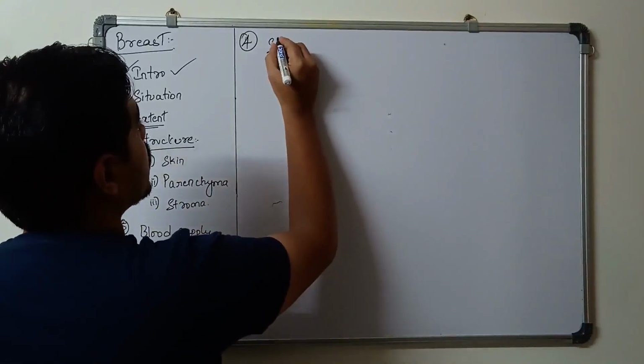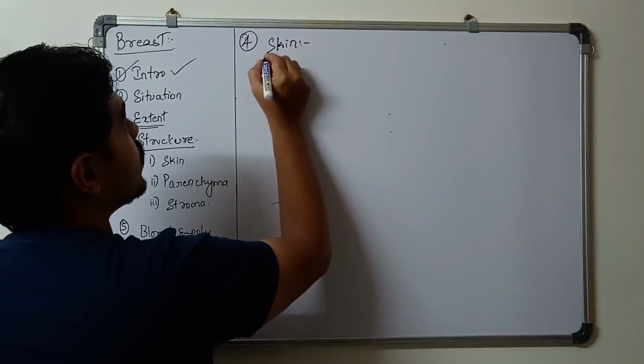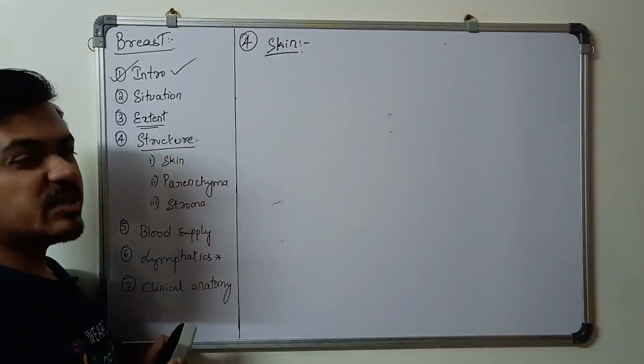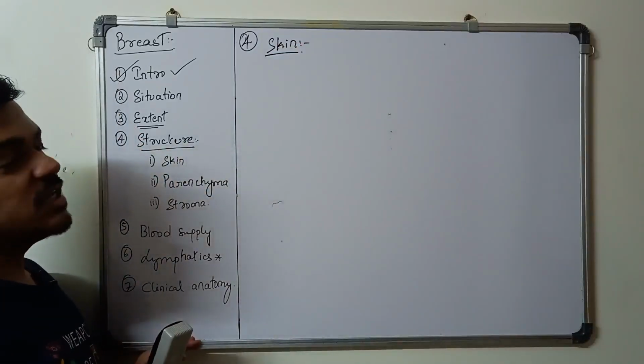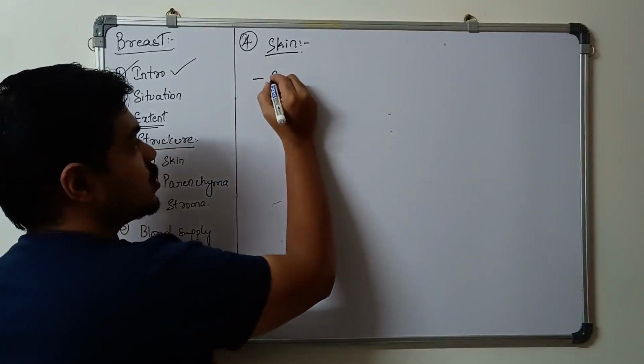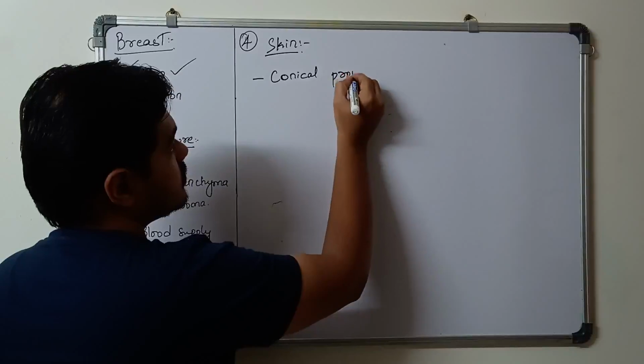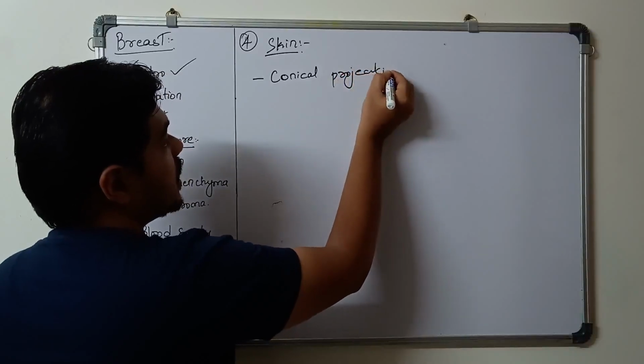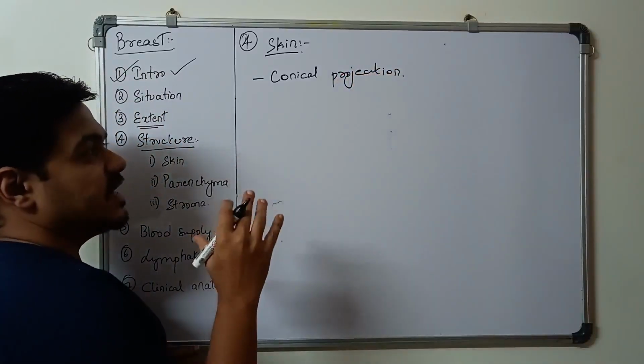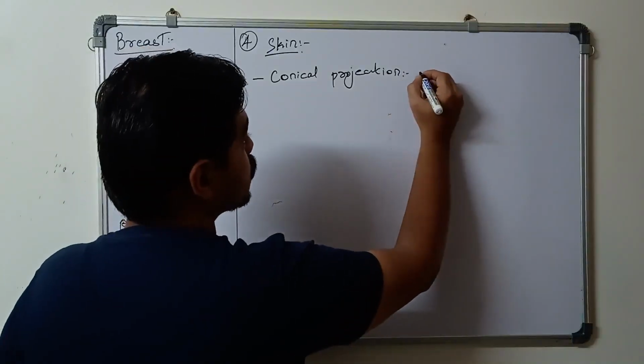Now, coming to the skin overlying the breast tissue, there are certain special features in the skin of the breast. There is a conical projection at approximately the center of the breast, which is called as the nipple.